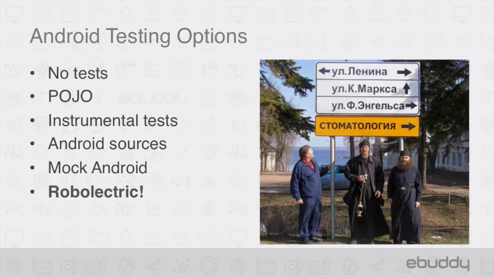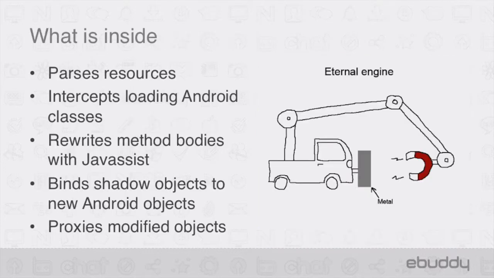And what it's actually doing: first of all, it parses our resource files, so it knows about our languages, layouts, colors and other resource stuff. As the next step, whenever someone tries to create an Android class, like an activity, it intercepts the creation, overrides the bodies of the class with Javassist, and creates a proxy shadow class.